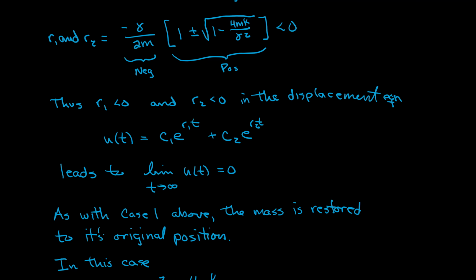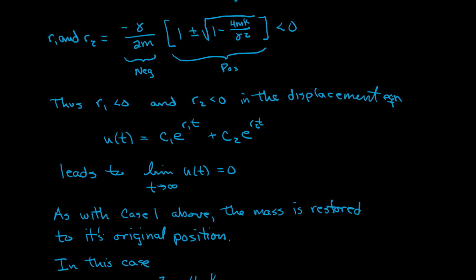Gamma is positive. I'm looking here at the first factor. The gamma itself is positive. 2 times m, m's the mass, it's going to be a positive mass. So gamma over 2m is a positive value. With it having a negative multiplied times gamma, that first fraction's always going to be negative.